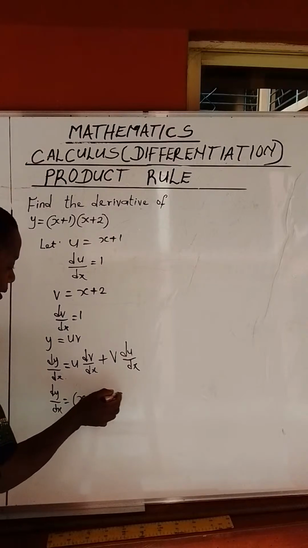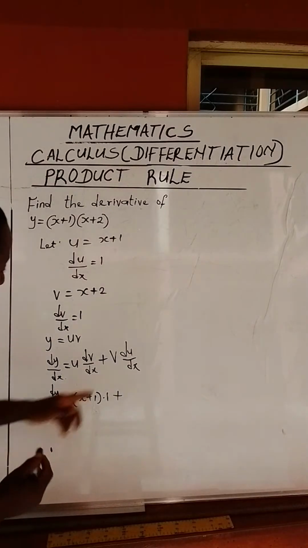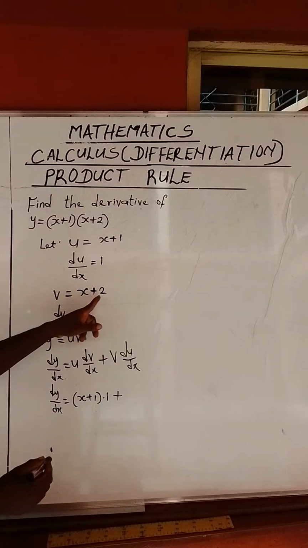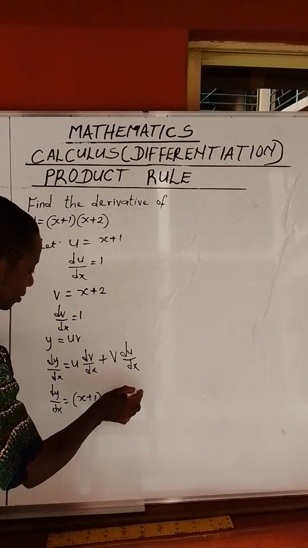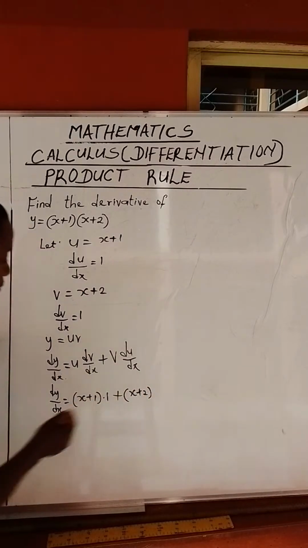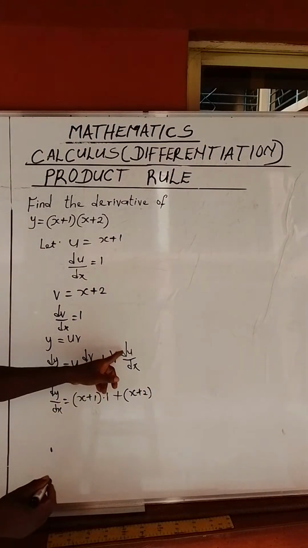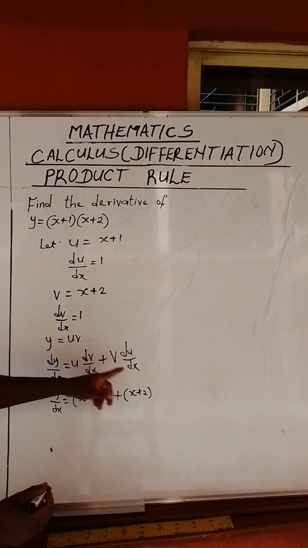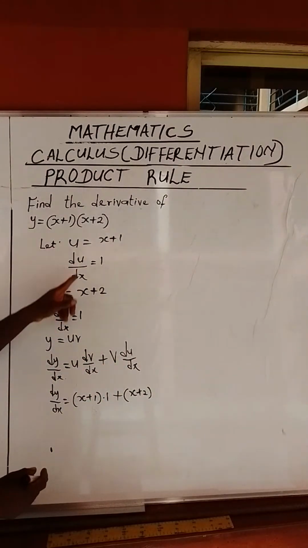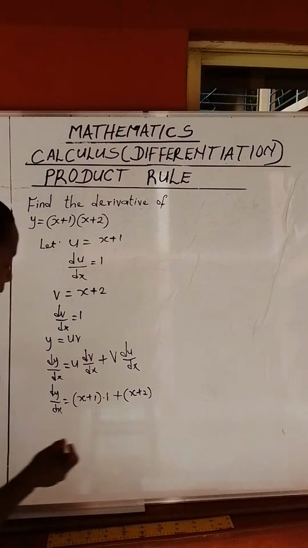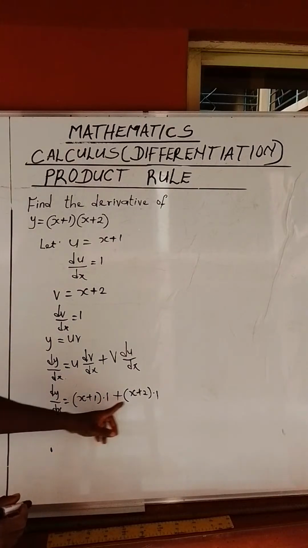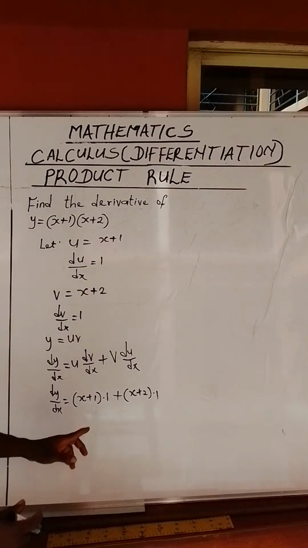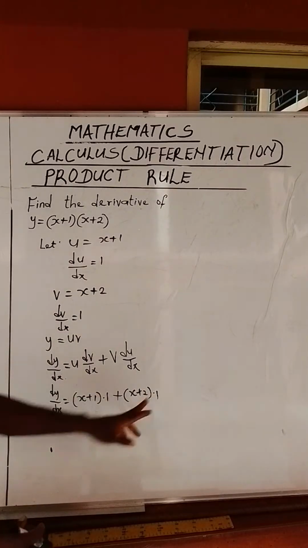Plus, our v is x + 2, so we write (x + 2) here, and then multiplied by du/dx. What is du/dx? That is equal to 1, so that is dot 1. Please do not forget that the dots here represent product or multiplication and not a decimal point.